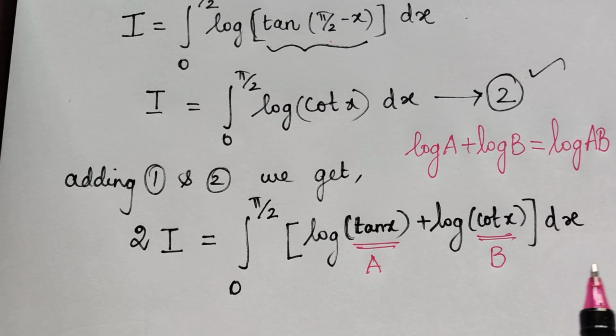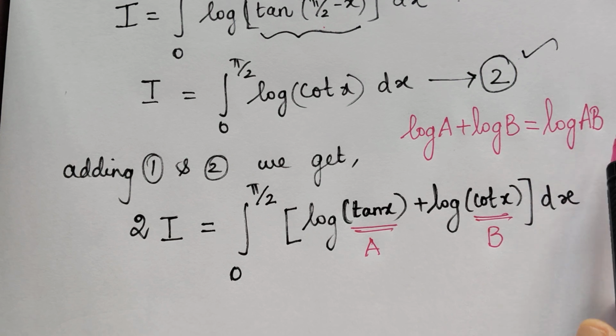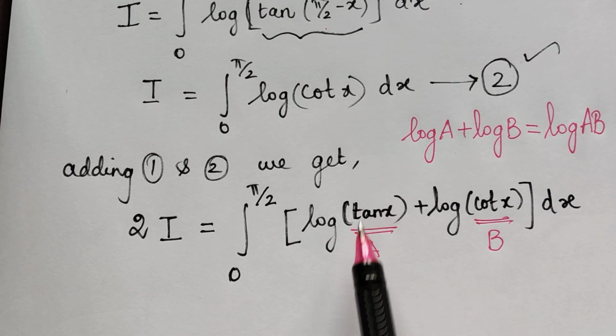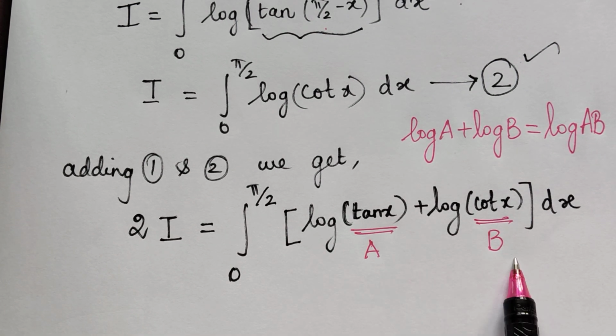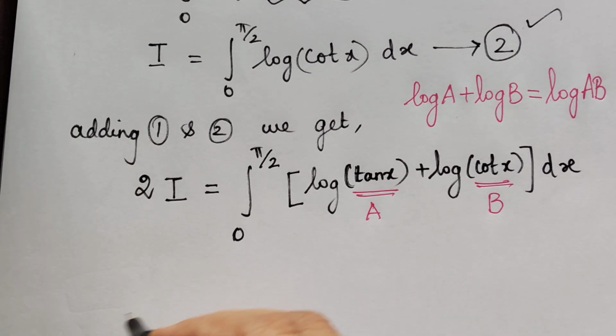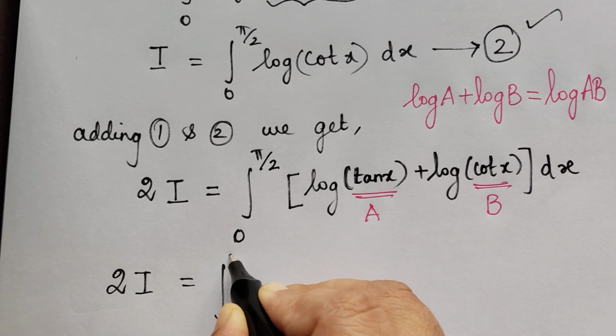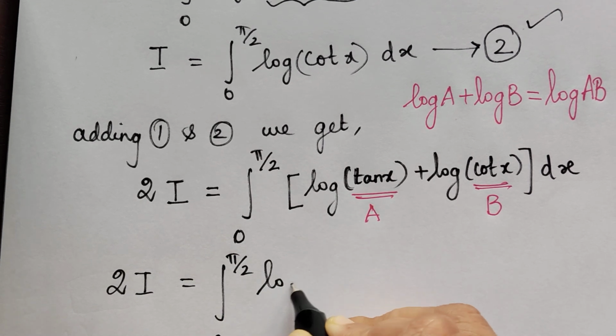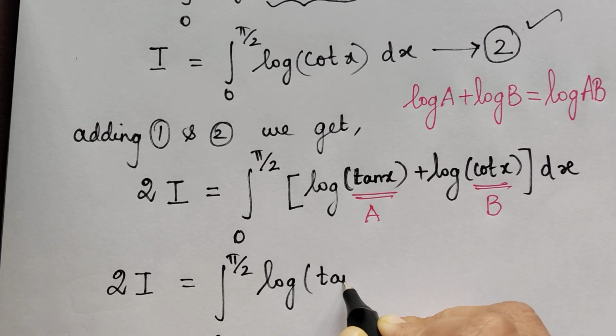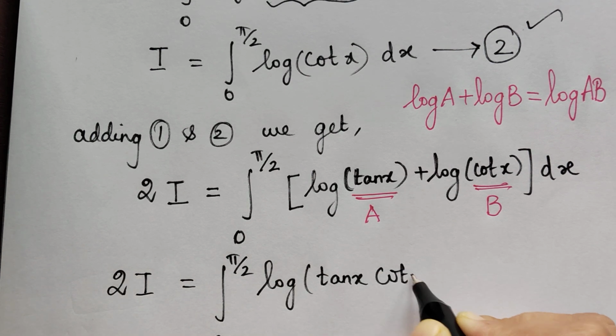So we will be getting logarithm of ab, which we can rewrite as log of tan x cot x dx. So we get 2I to be equal to the integral from 0 to pi by 2 of logarithm of tan x cot x dx.